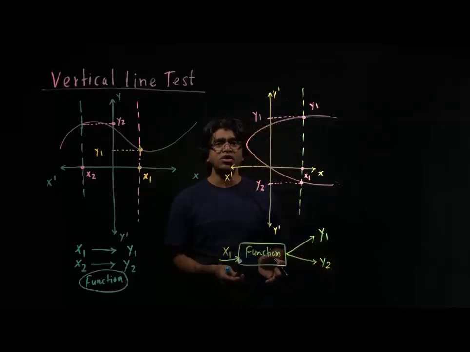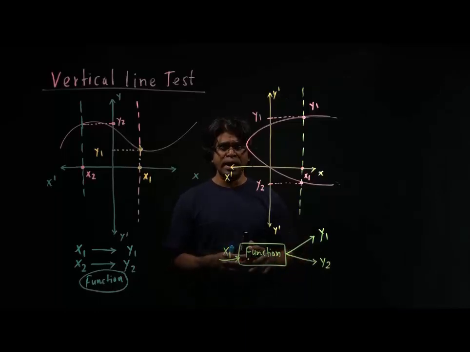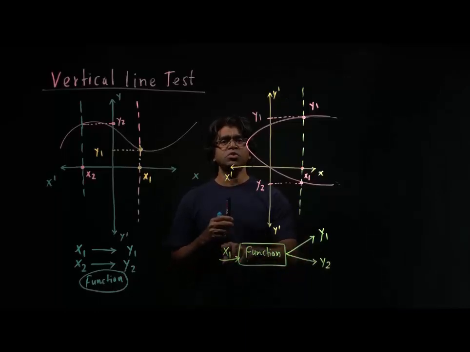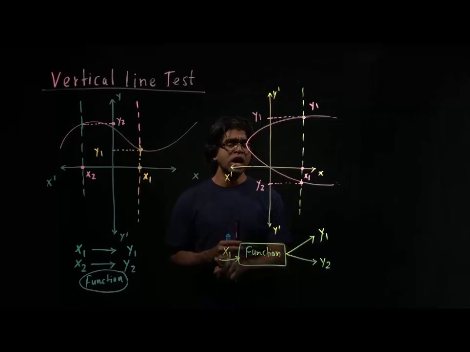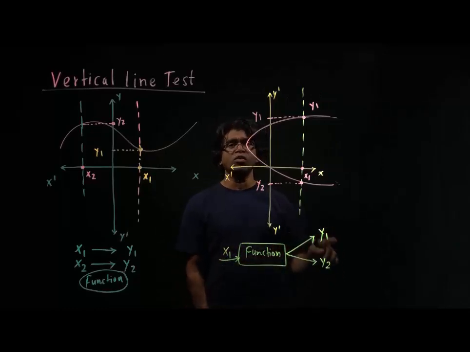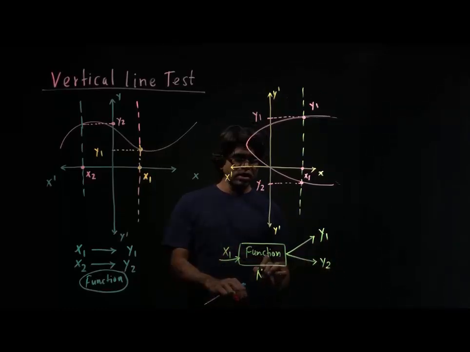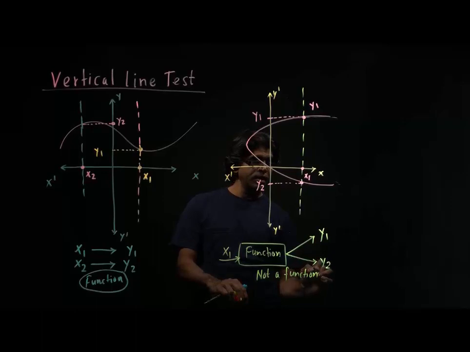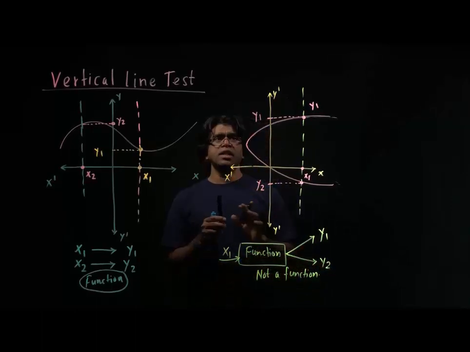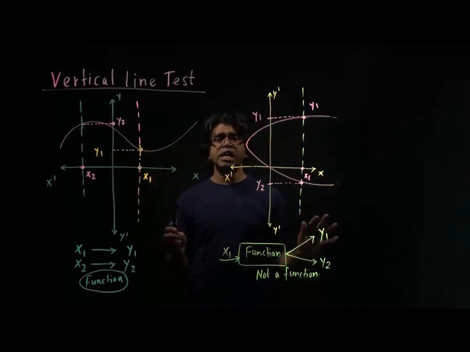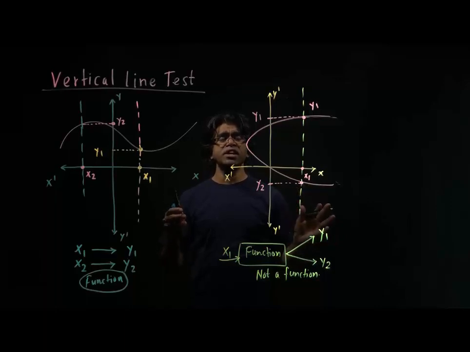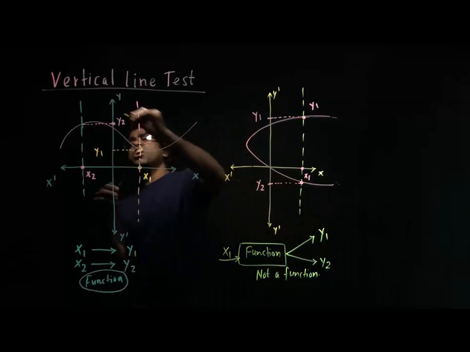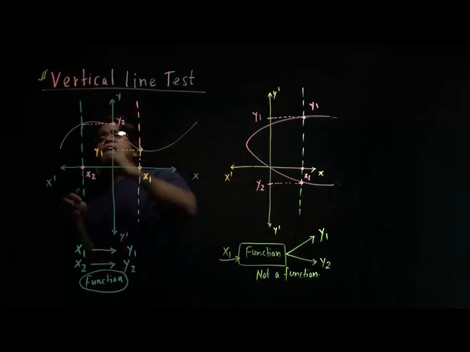Is it a unique value? The answer is no. Why? Because if I substitute one value of x1, I should get only one value of y1. So this is not a function. And this whole idea of finding whether the given relation is a function or not is based on the vertical line test.